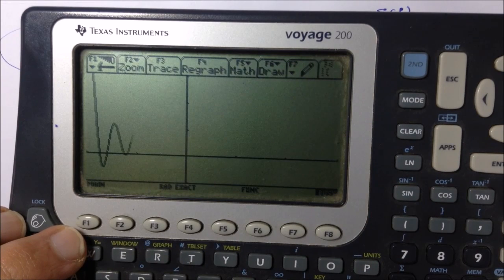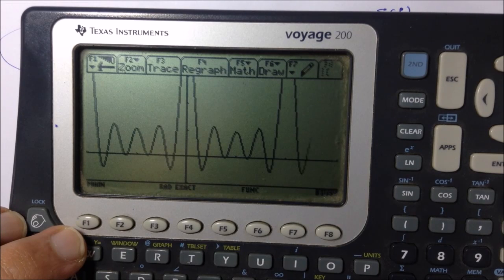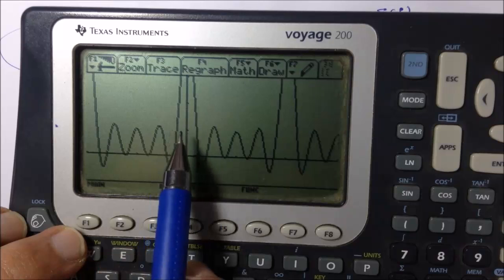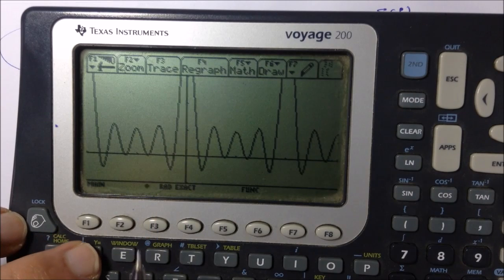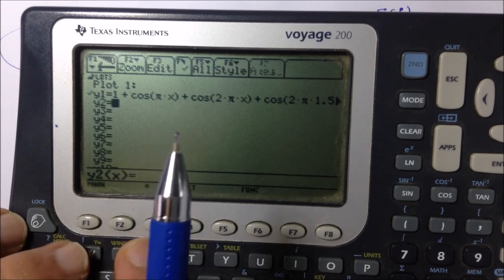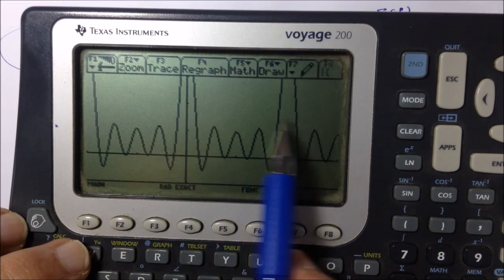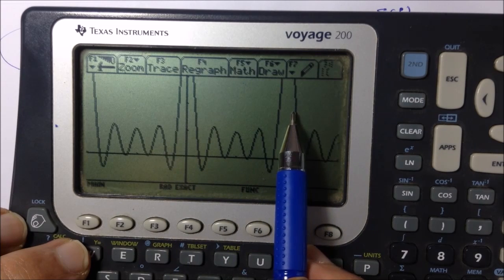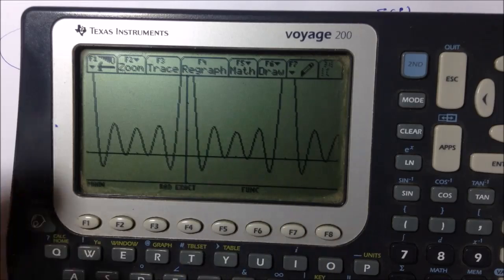Look at this. Now, the time interval between each two subsequent impulses is 2 seconds instead of 1 second. That is because the fundamental frequency has a frequency of 0.5 hertz. So the time interval between each two adjacent impulses is 2 seconds.